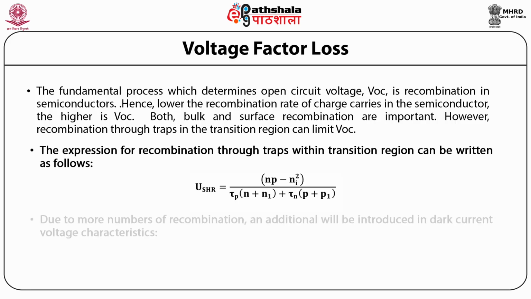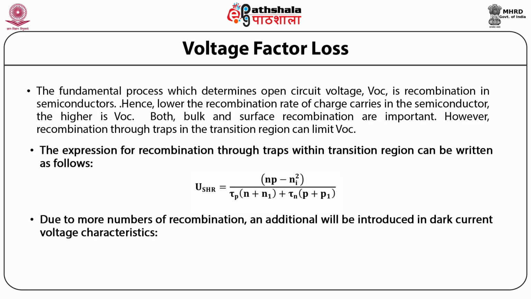However, due to the larger number of recombinations, an additional term will be introduced in the dark current voltage characteristics as follows: I is equal to Is multiplied by (exponential qV by kT minus 1) plus I_w multiplied by (exponential qV by 2kT minus 1).